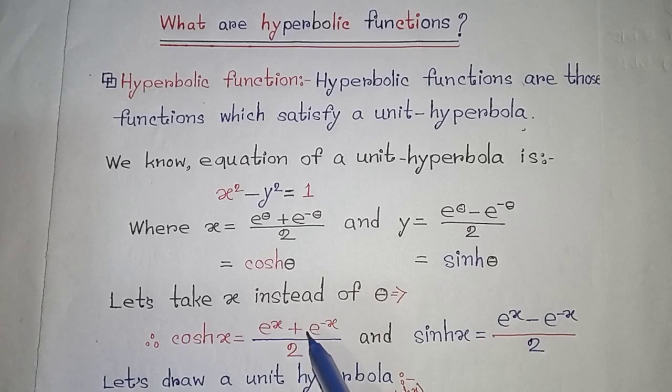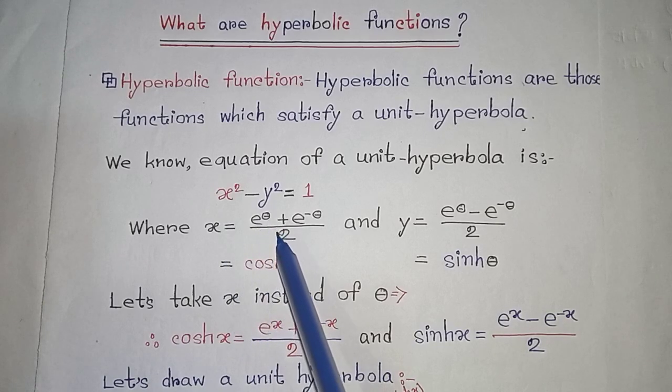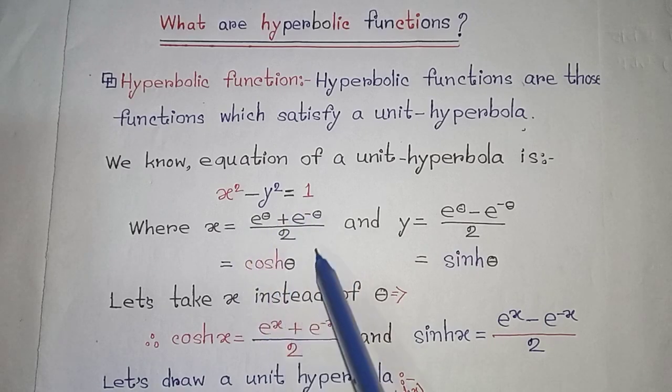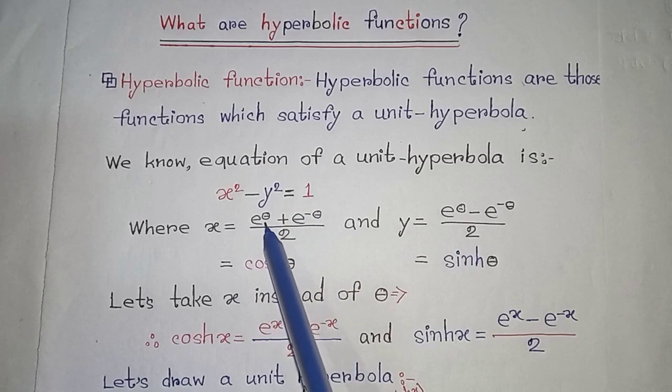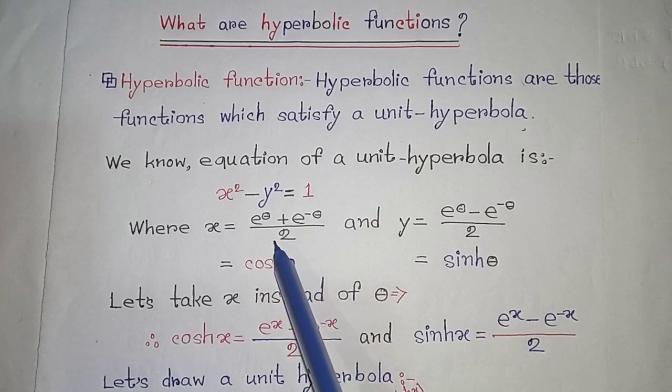But why? Let's focus. From this line, we get x is equal to e to the power theta plus e to the power minus theta by 2. So we have to take x instead of theta in this equation. So we get e to the power x plus e to the power minus x by 2 because we have taken x instead of theta.